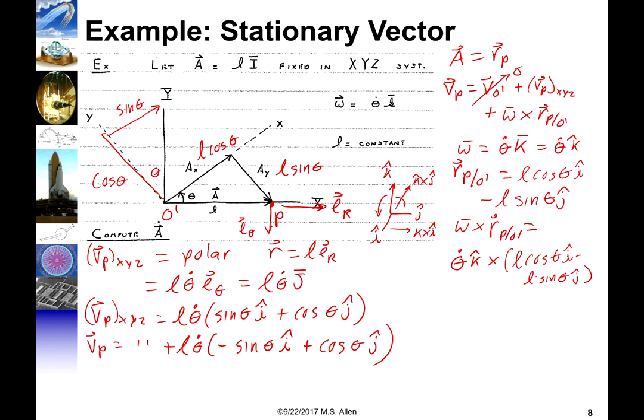So, let's see. The j, k cross j. Oh, this one had a minus on it, so that minus should have canceled. And, yep, okay, here's the problem.